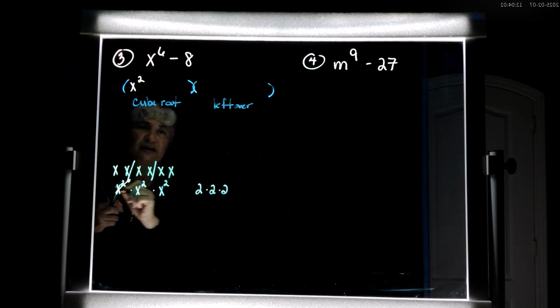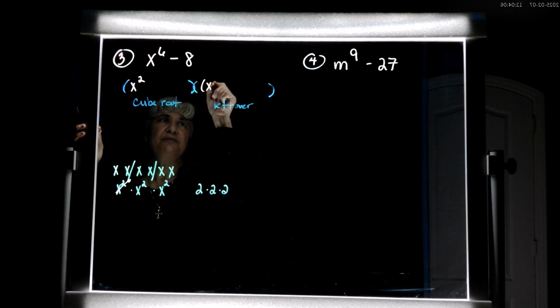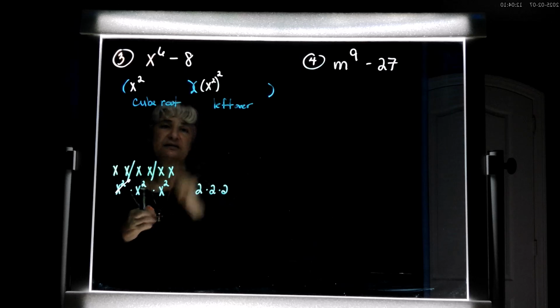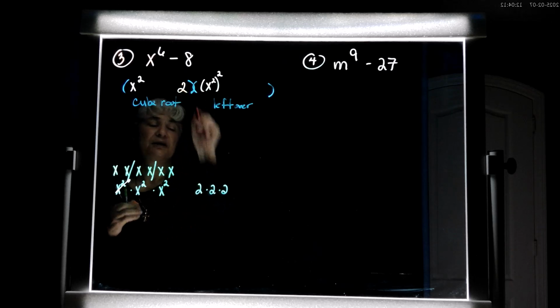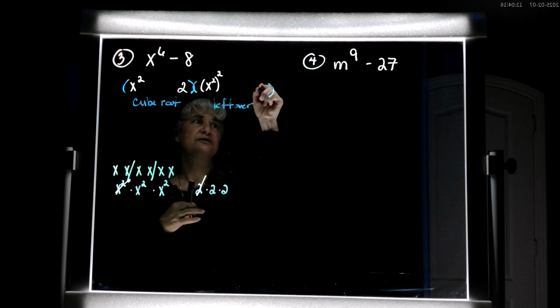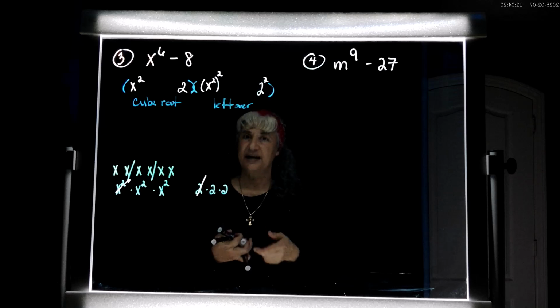I used one of them. How many do I have left over? I have 2 of them left over. The cubed root of 8 is 2. I used one of them. How many do I have left over? 2 left over. Wonderful.